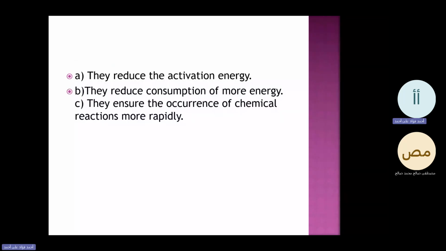Reduce the activation energy. So what is the importance of these enzymes? الانزيمز دي بتستخدم عشان تعمل reduction او تقلل من activation energy needed for the reaction to start and speed up the reaction.